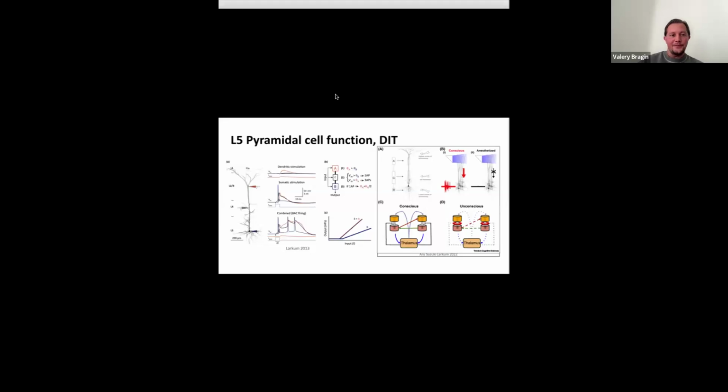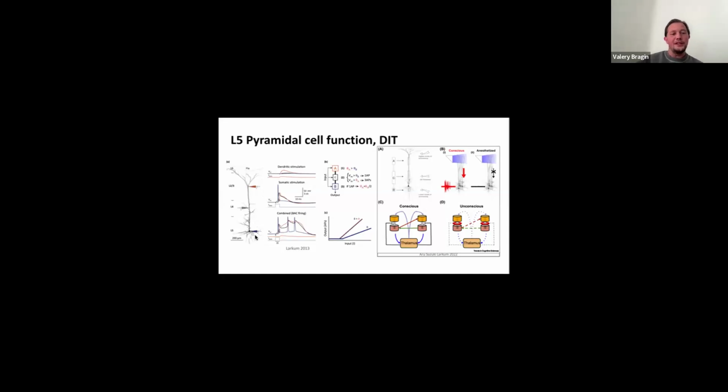Its principle is that here experimenters record from the soma, from the apical dendrite in red, and from somewhere in the middle. If you only stimulate the apical dendrite, you have this little bump in the apical membrane potential, which doesn't lead to anything. If you stimulate just the soma, you will just have a single somatic spike, and that's it.